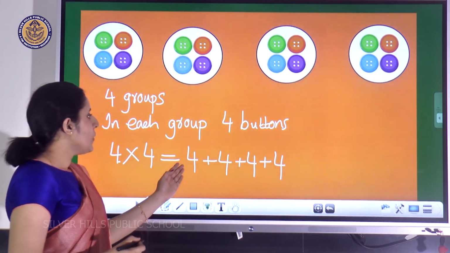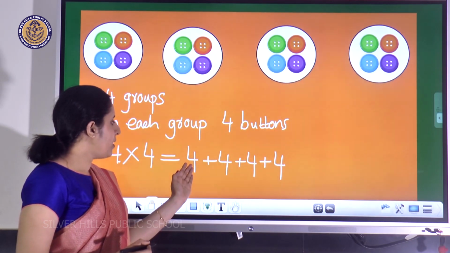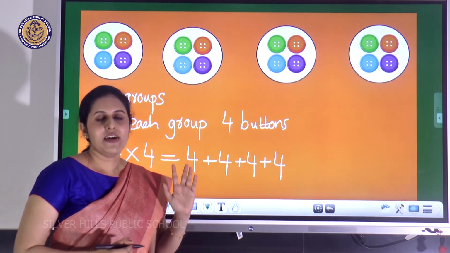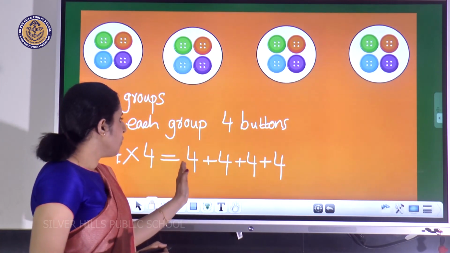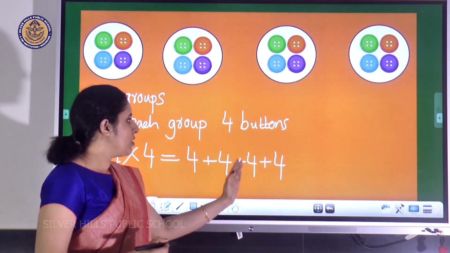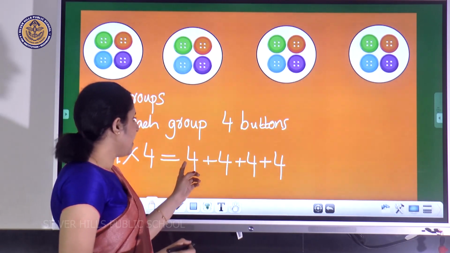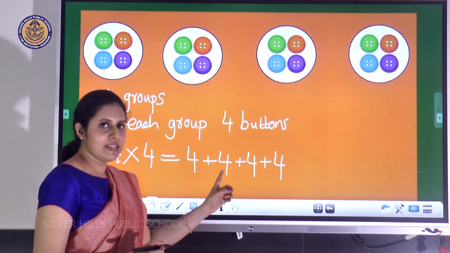So, you can either use skip counting here, that is 4, 8, 12, 16. You are jumping 4 steps each time, that is skip counting. Or else you can add like this, you know 4 plus 4 is 8.